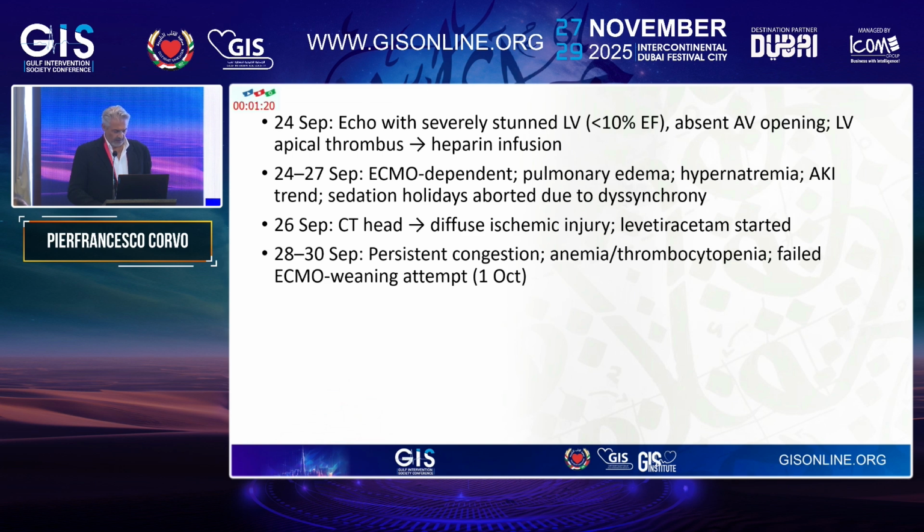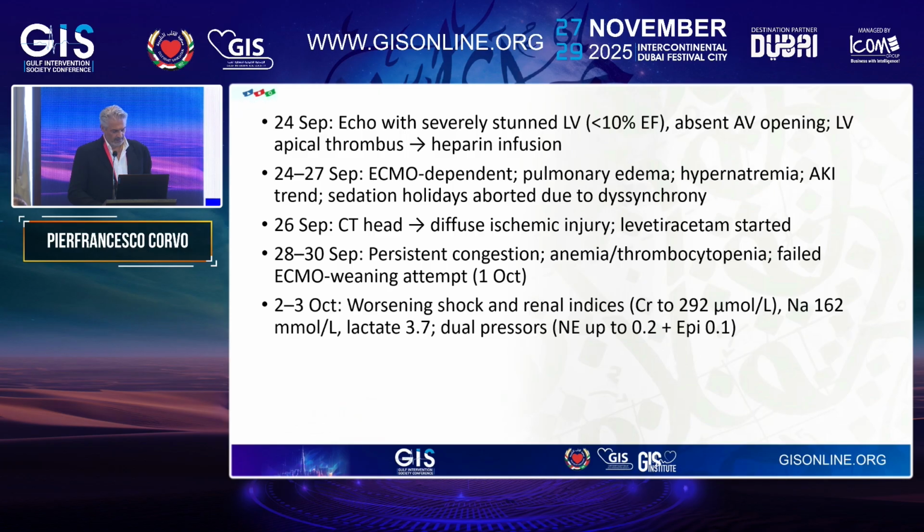After 2 days, with persistent congestion, he developed anemia due to the ECMO treatment and thrombocytopenia, and we even tried to wean the ECMO, but it failed. The shock was worsening after 5 days. Renal indices were deteriorating, with hypernatremia and lactate 3.7, even with dual pressors, norepinephrine and epinephrine.